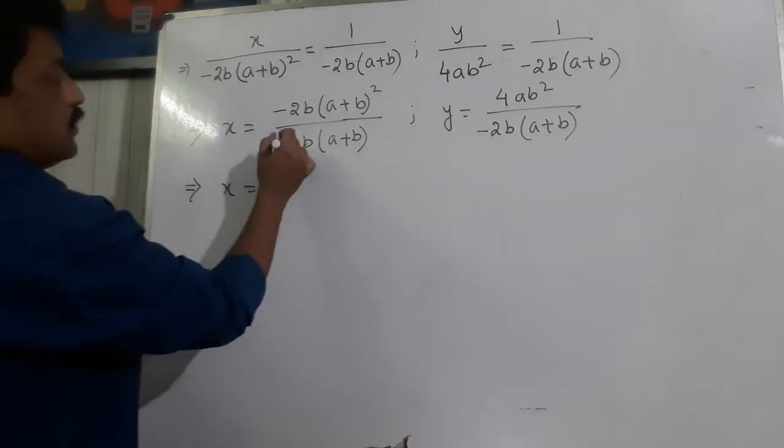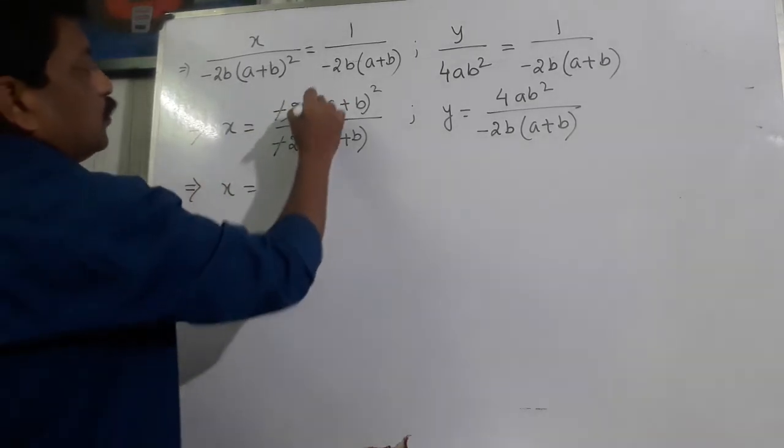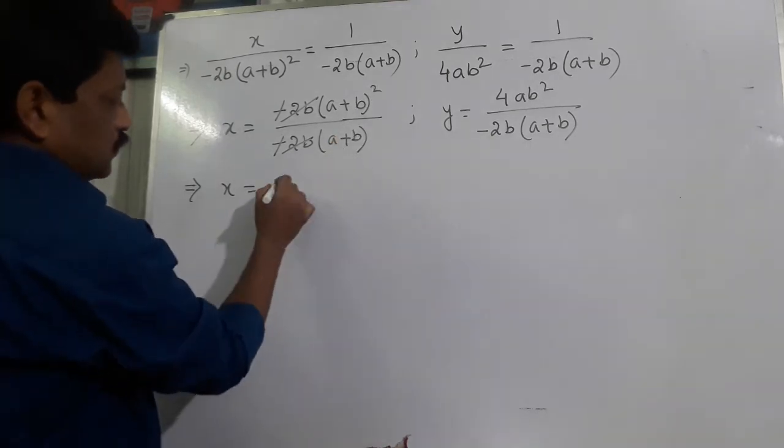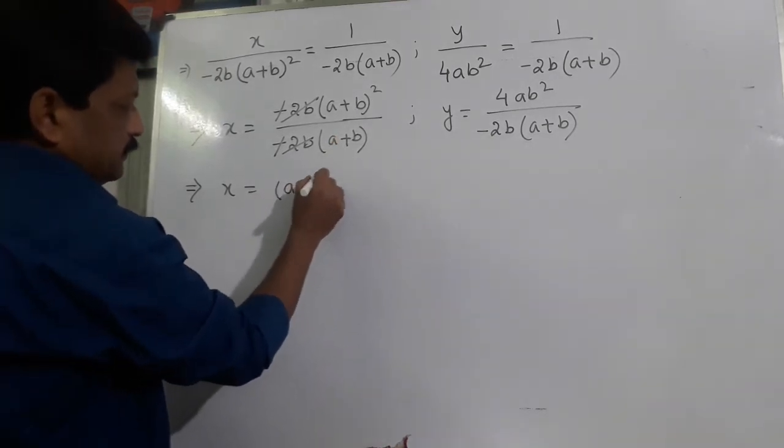X equals to minus minus cancel, 2b cancel, a plus b whole square by a plus b, so it is only a plus b.